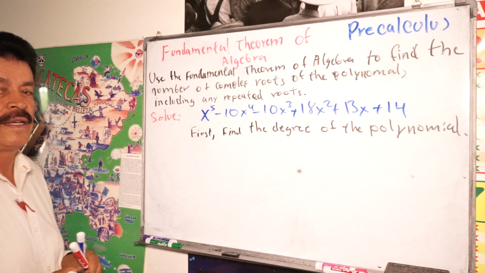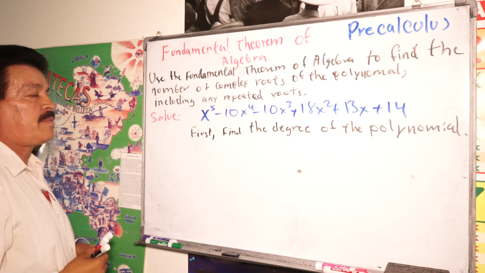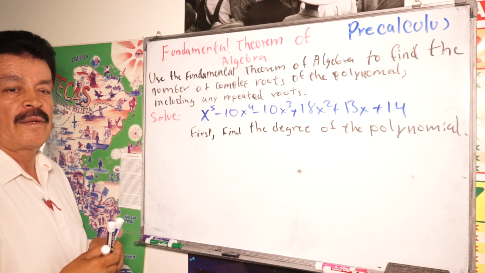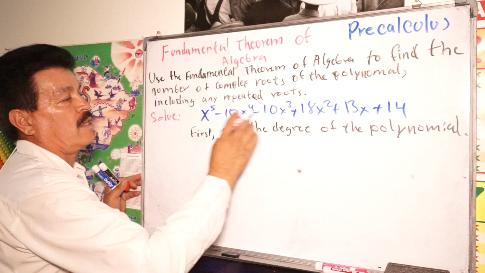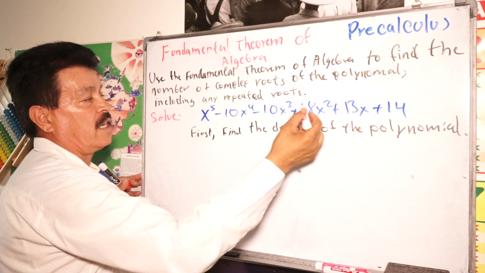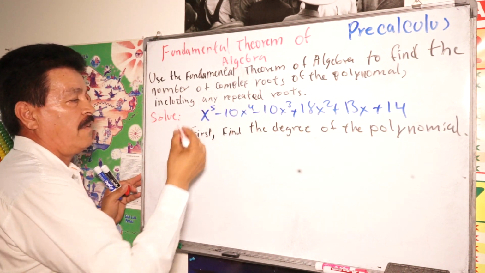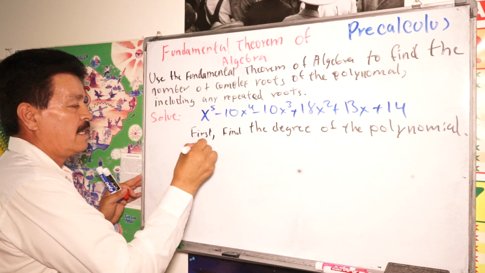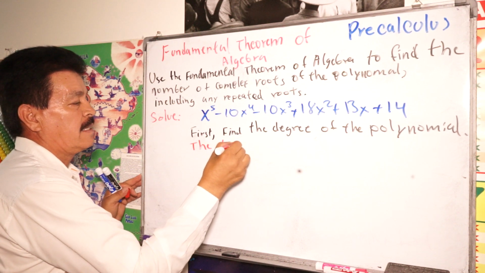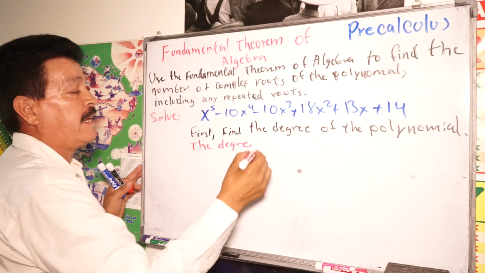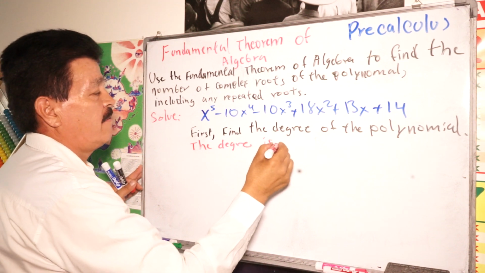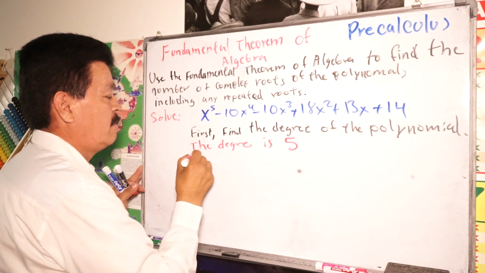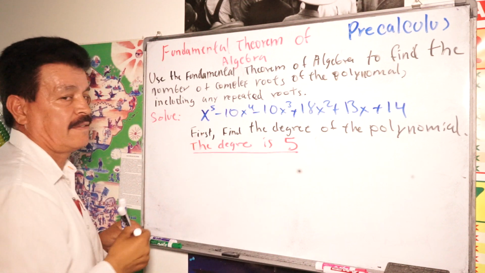All right, so the degree of the polynomial, in this case, look at this. This is our first, second, third, fourth, and fifth. So the degree is 5. This is very important. Degree is 5.